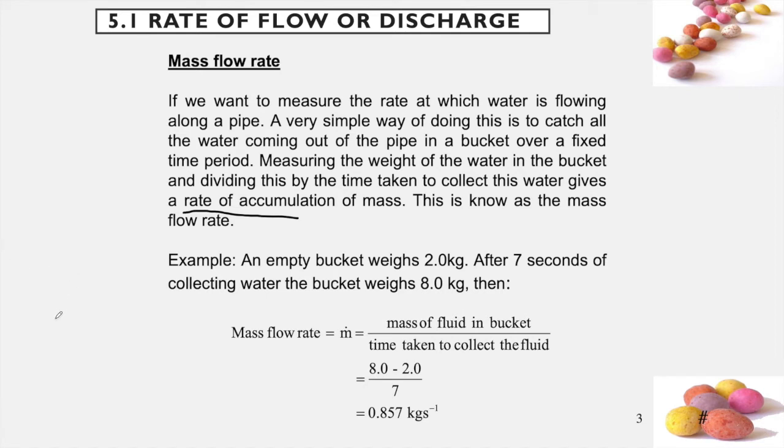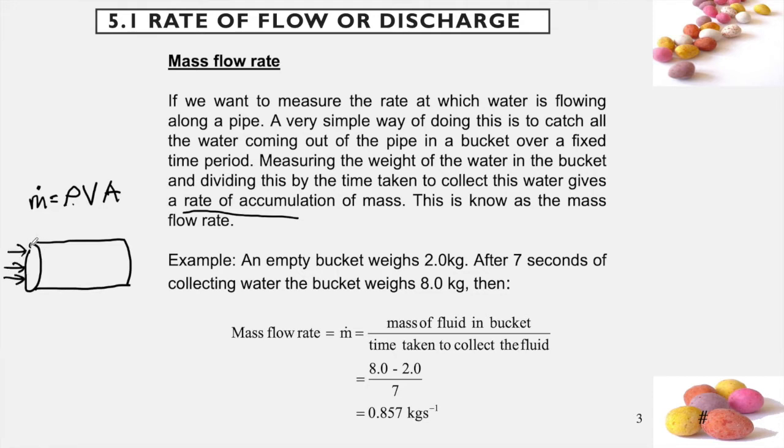Normally, in your fluid mechanics calculations, we will use this equation: mass flow rate equals density times velocity times area. This is the density of the fluid. For example, we have water flowing in a pipe.